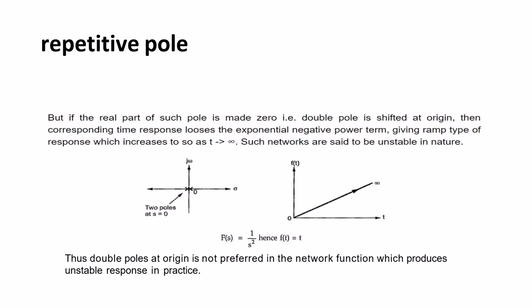As t increases, the response goes towards infinity, so this type of network is unstable in nature. With two poles located at the origin, the response goes towards infinity as t increases. The transfer function is 1 by s square, and the system is unstable.